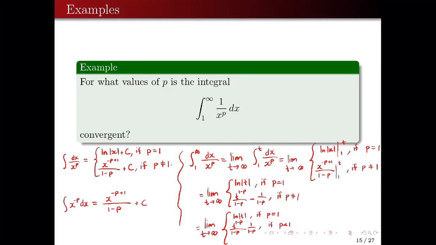And then for the other guy here, I'll write it as 1 over t raised to p minus 1 times 1 minus p, minus 1 over 1 minus p. So this is the case if p is greater than 1. Anyway, I'll continue on the next page.